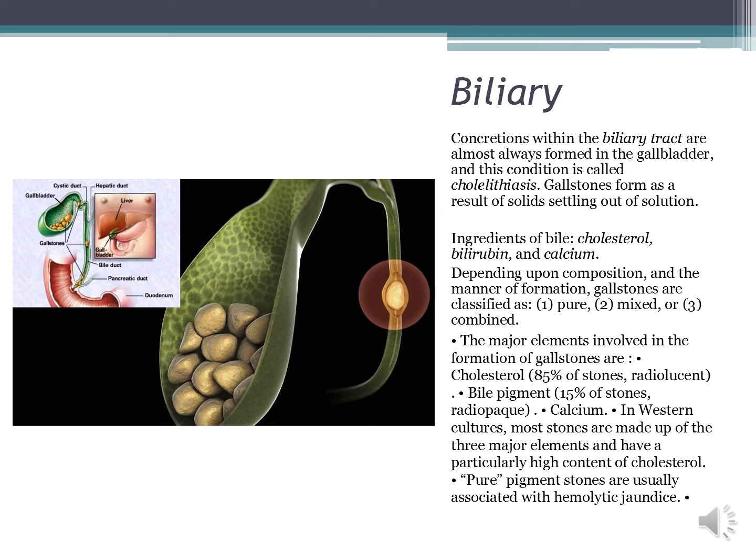They are radiolucent. Bile pigment stones are 15% of stones, radiopaque. Calcium: in Western cultures most stones are made up of 3 major elements and have a particularly high content of cholesterol. Pure pigment stones are usually associated with hemolytic jaundice.